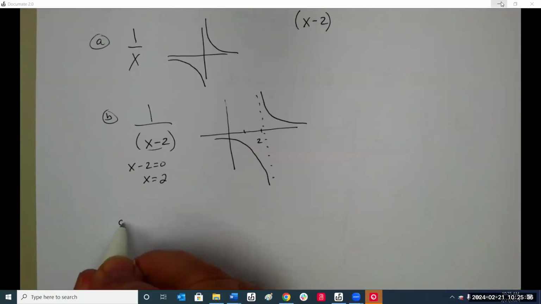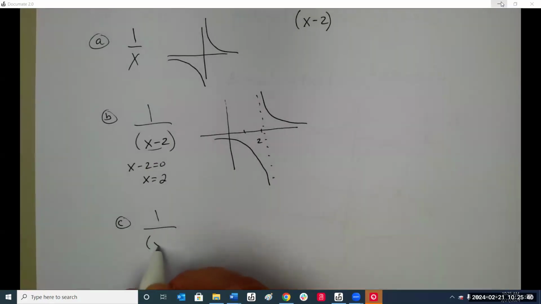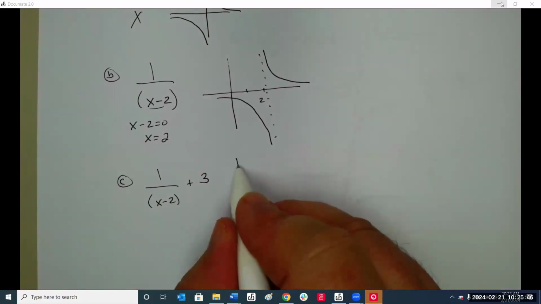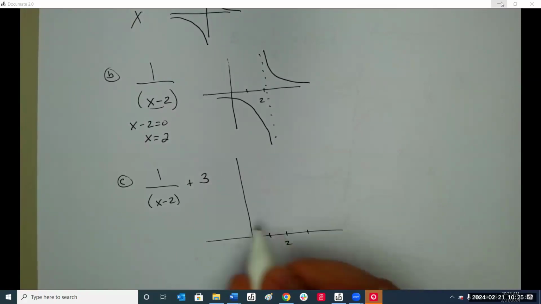So then lastly, we have a vertical shift. We go up 3. So we go to 2 and we go up 3. 1, 2, 3.